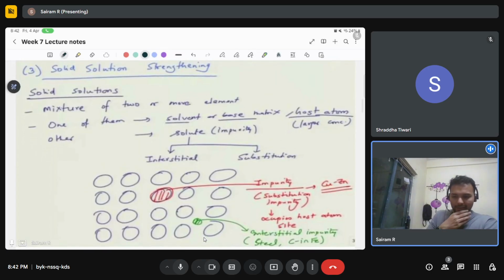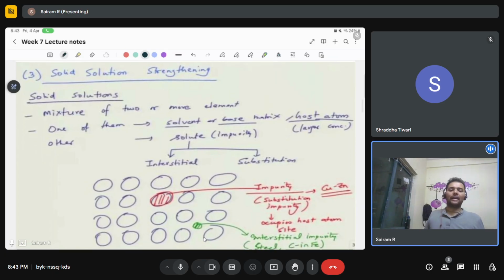Again, we have discussed this to a certain extent during the class hours, during the tutorial session, where, as described over here, a solid solution means I have to have more than one component. So I have my solvent, my base or my matrix, which is the host atom, and then I'm adding something onto it, which is my solute atom.